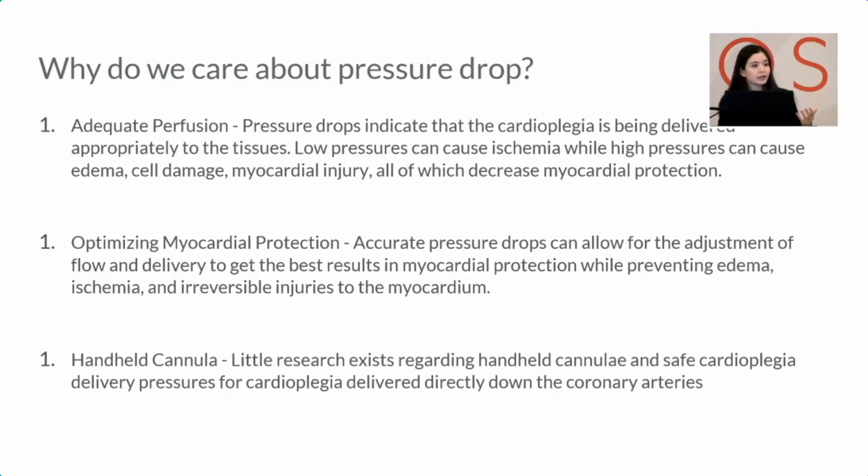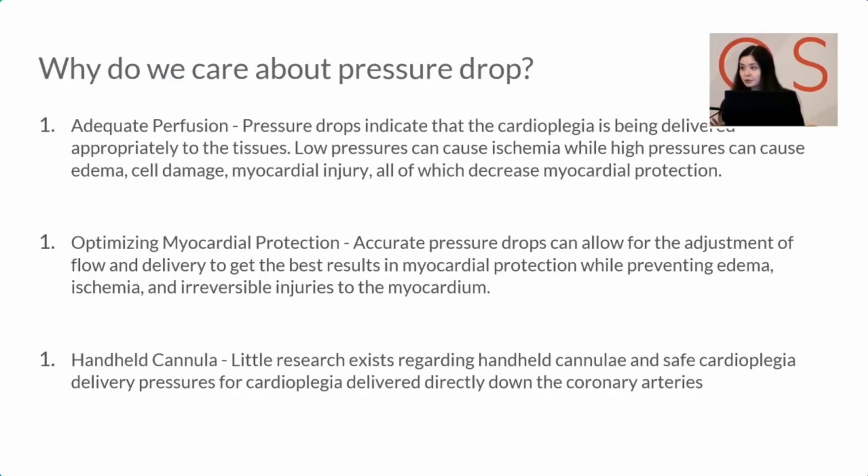If you deliver it with a pressure that's too low, you're not going to be able to overcome the coronary vasculature resistance, and you're not going to reach all parts of it, and you can end up with ischemic damage. But if you deliver it too high, then you're going to damage the vasculature you're trying to protect. So not super ideal. So why we want to track pressure drop is so that we can enter and maintain that Goldilocks zone of pressure while we're delivering, so that we have optimized myocardial protection.